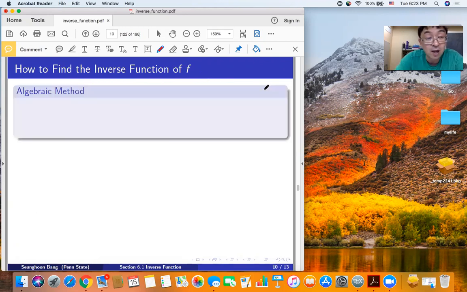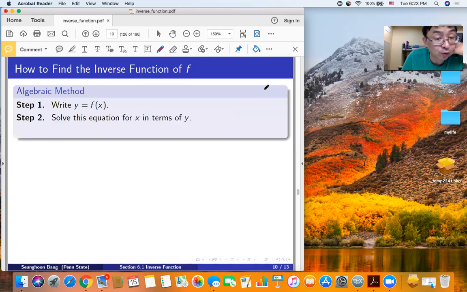You can think about the algebraic method first. We follow 3 steps. Step 1, write y equals f of x. Step 2, solve this equation for x in terms of y. Step 3, interchange x and y. This is key. Interchange input x and output y.